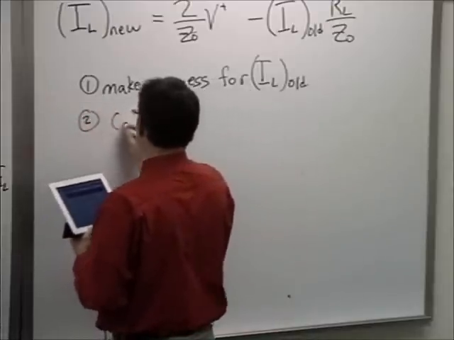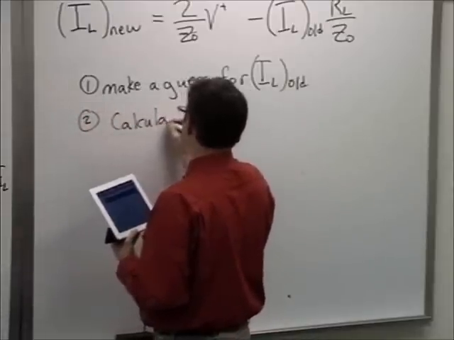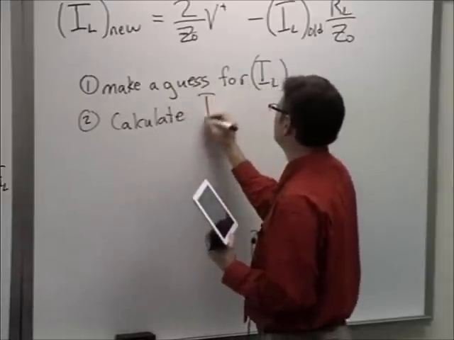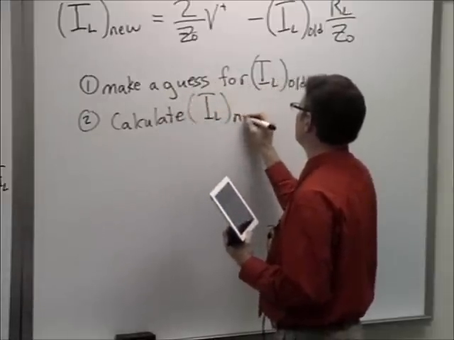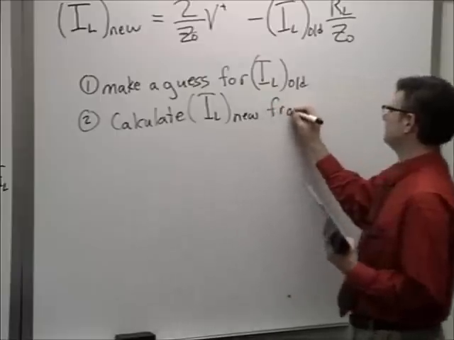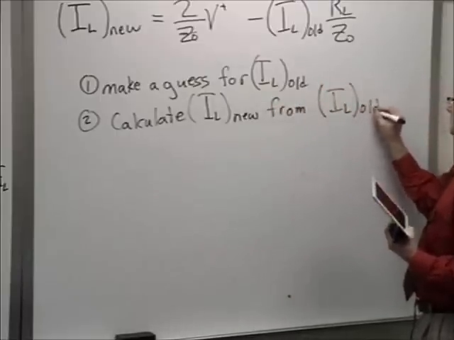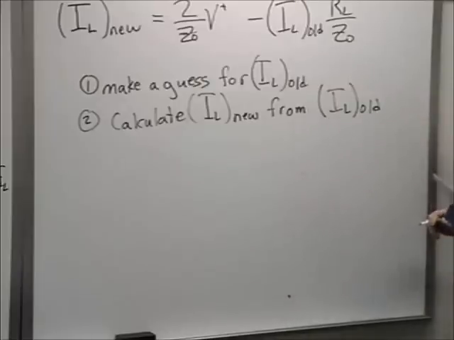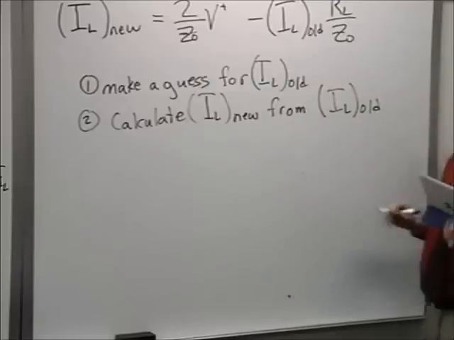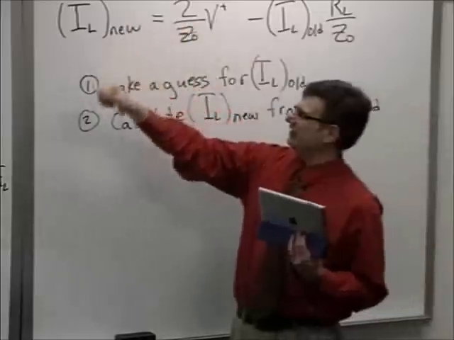That's my second step. Calculate I_L sub ν from I_L sub old. So I do that calculation.